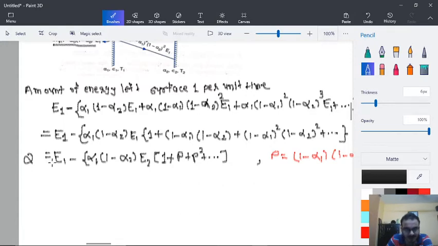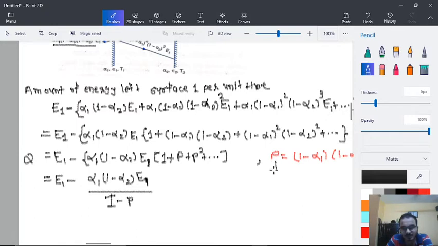So this can be written as Q is equal to E1 minus alpha 1 into 1 minus alpha 2 E1, divided by 1 minus P. Why 1 minus P?